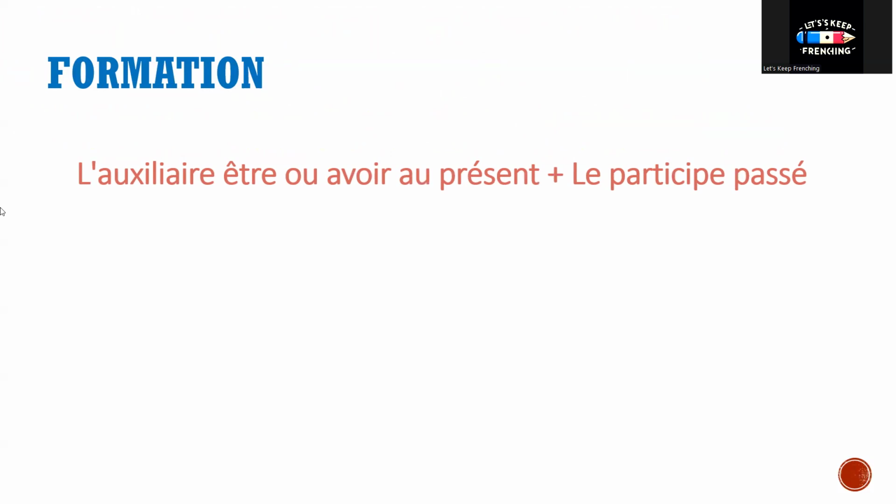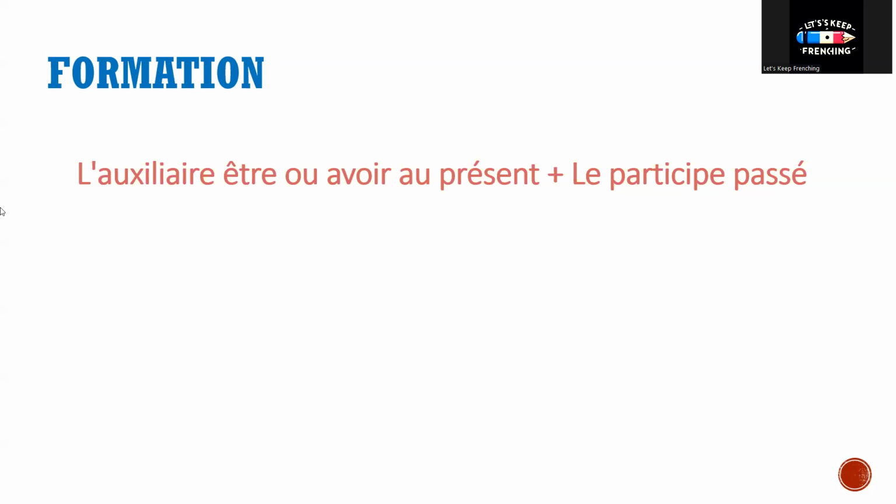So, what it says here is to form le passé composé, you need two main components, an auxiliary verb and the past participle. Okay, that's what you need.